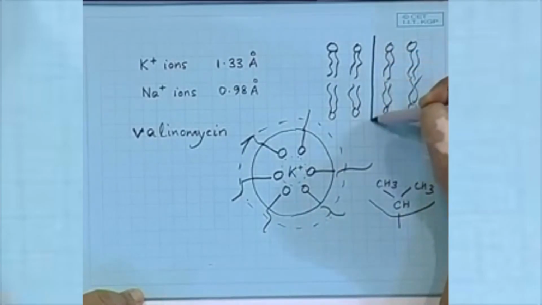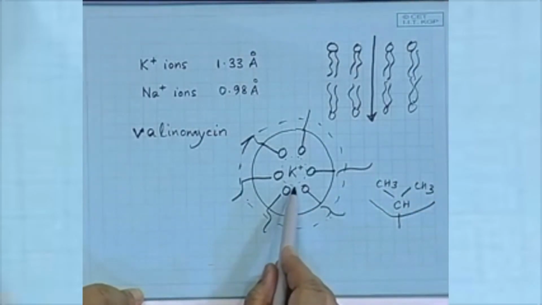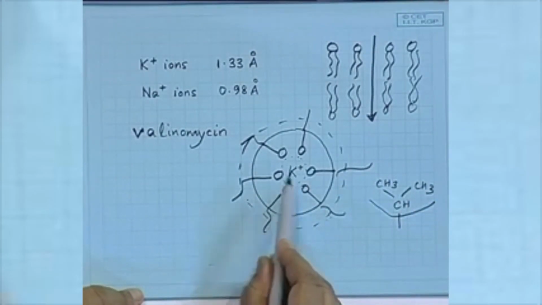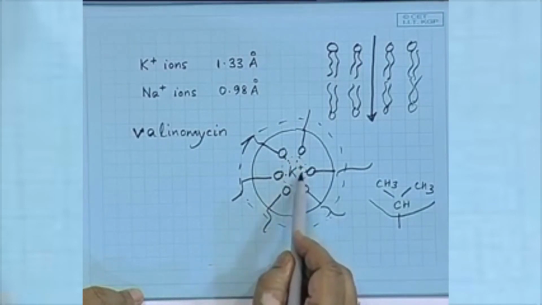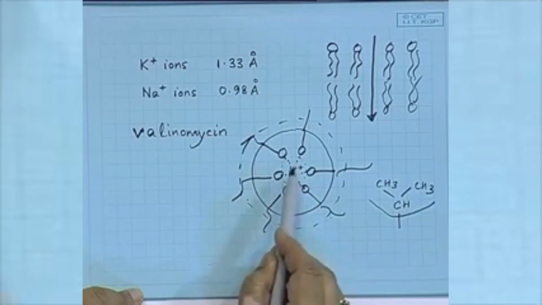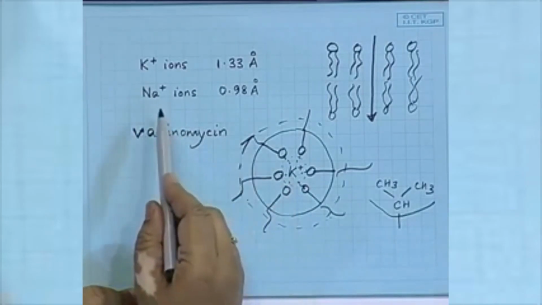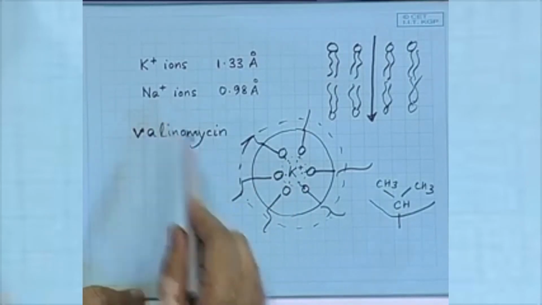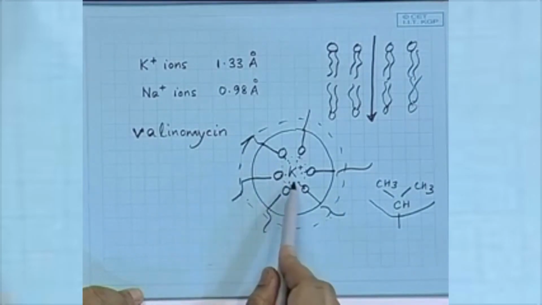It can pass through the membrane very easily, right? So, the size is such that the interaction between the oxygen and the potassium charges, the ionic interaction, is unique. Now, because sodium is too small, it does not sit here. It does not have the specific interaction that potassium has. So, it is not transferred as efficiently.